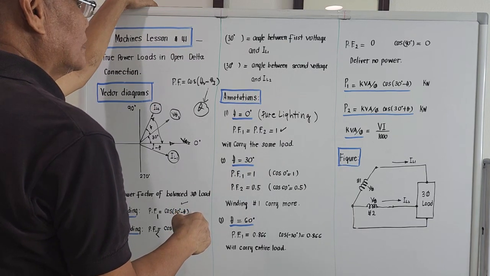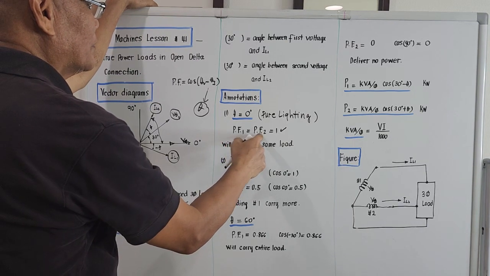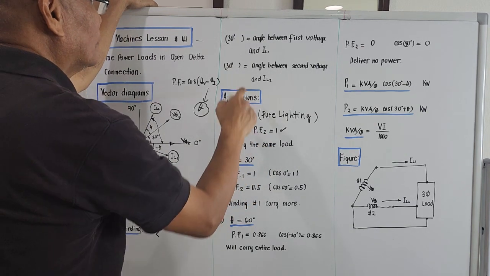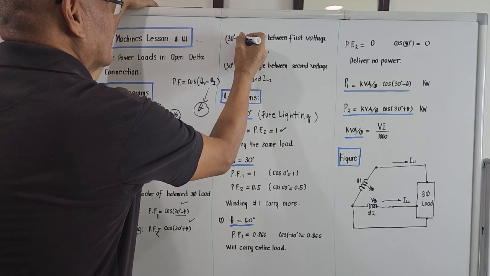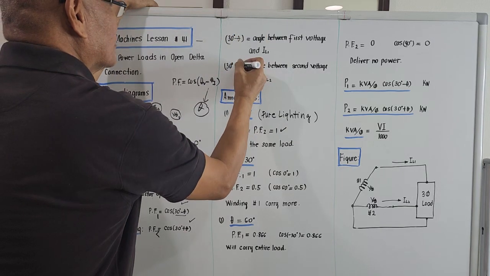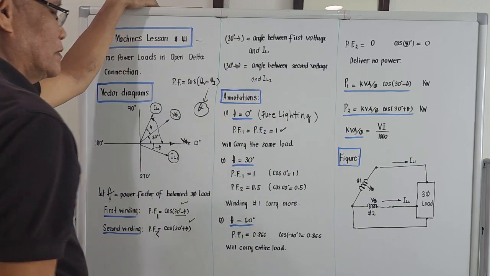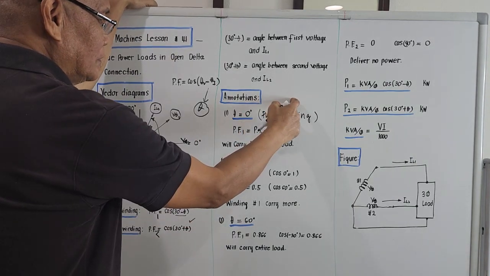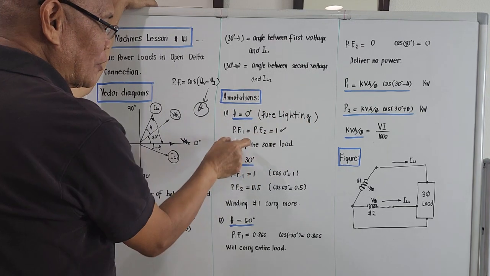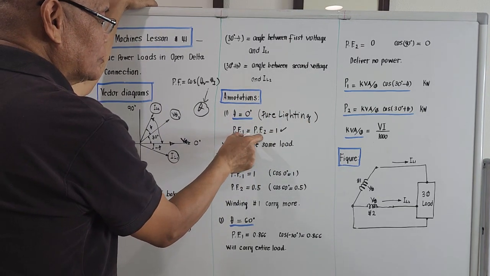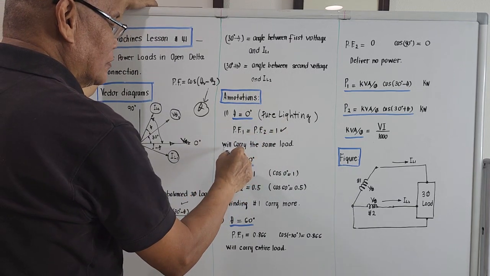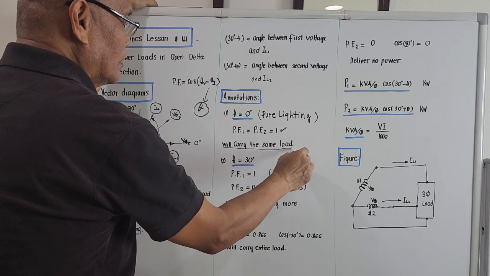Power factor number 1, power factor number 2: minus theta for one, plus theta for the other. When theta is 0, it's a pure lighting load, right? Power factor number 1 should be equal to power factor number 2, and they will carry the same load.